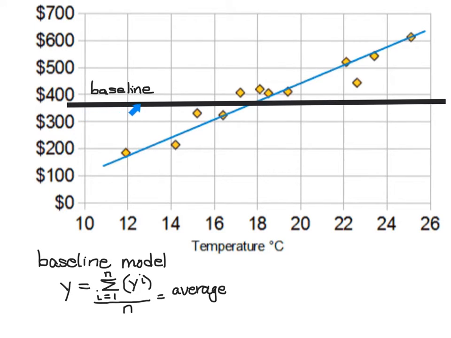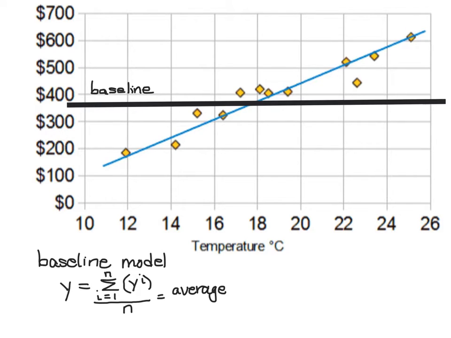Here I've drawn the baseline model. The baseline model predicts the average value of the dependent variable regardless of the values of the independent variable. The baseline model is a constant function, a horizontal line.